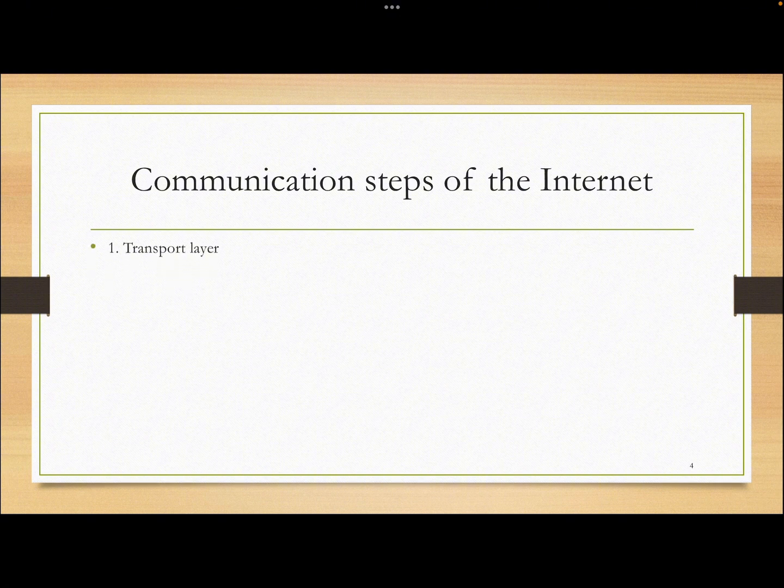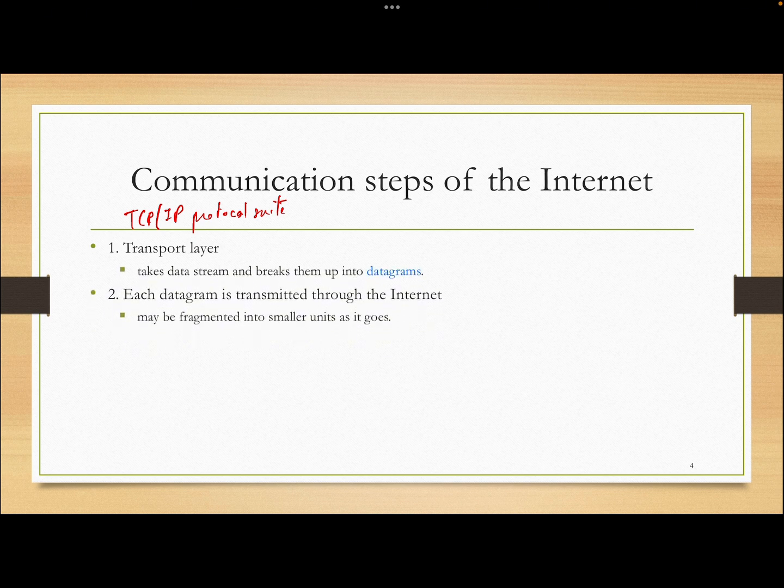Now let's look at the communication steps of the Internet. First we have the transport layer. As I say, the TCP/IP protocol suite is the one that we are using. The transport layer takes the data stream and breaks it into datagrams. You group it and put a header on, so it becomes a datagram. Then each datagram is transmitted through the internet.